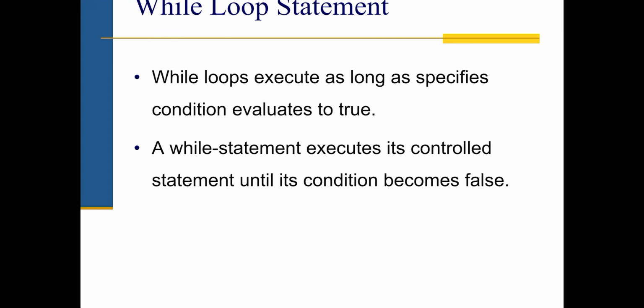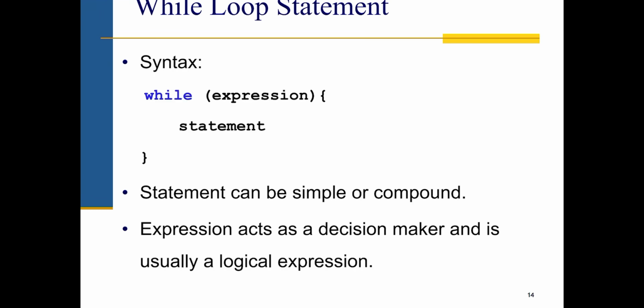With a while loop, it should execute while the condition is true, until the statement of the condition is false, before it stops. So this is the syntax for a while loop statement.